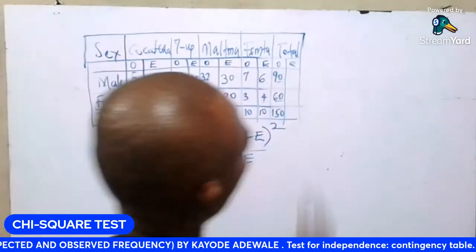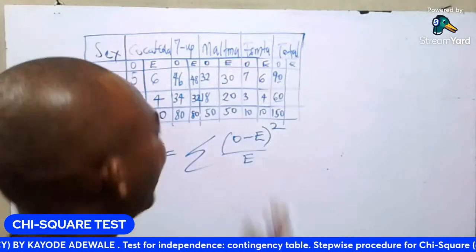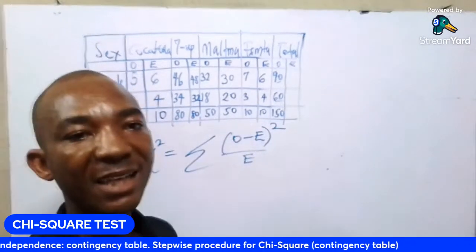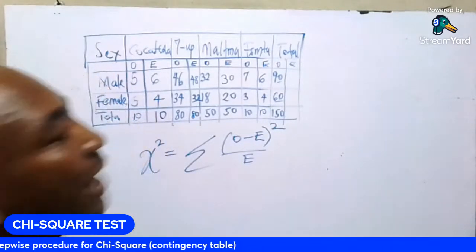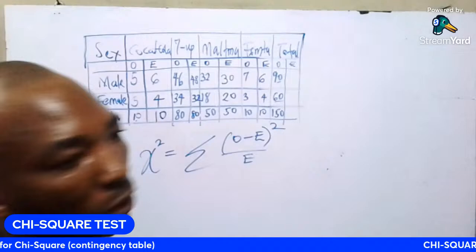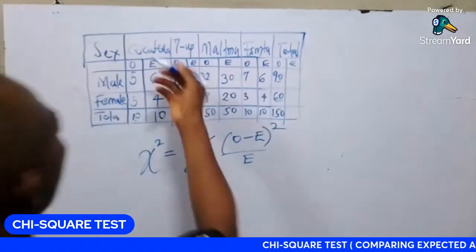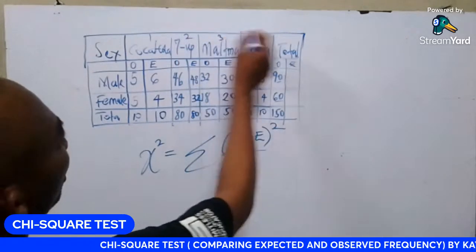So I want to construct the table. Some scholars believe in taking this one by one, but with my own experience as a statistician and also a mathematician, I felt there is need for us to follow this table. If you follow the table, it will be very easy for us. This is just four items, 1, 2, 3, and what?